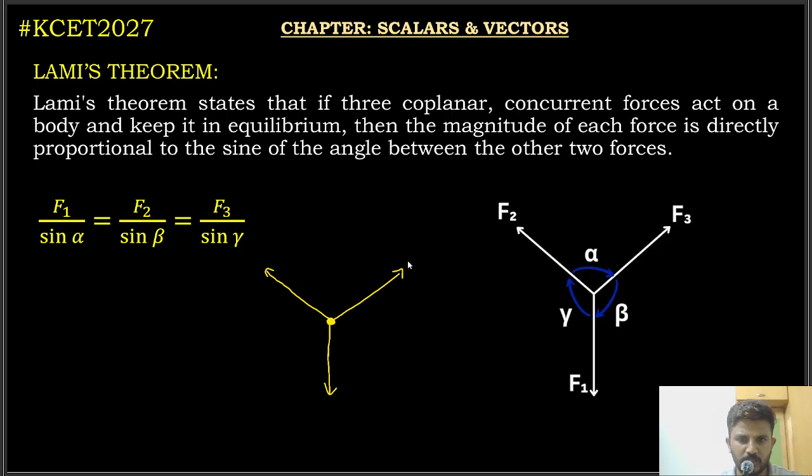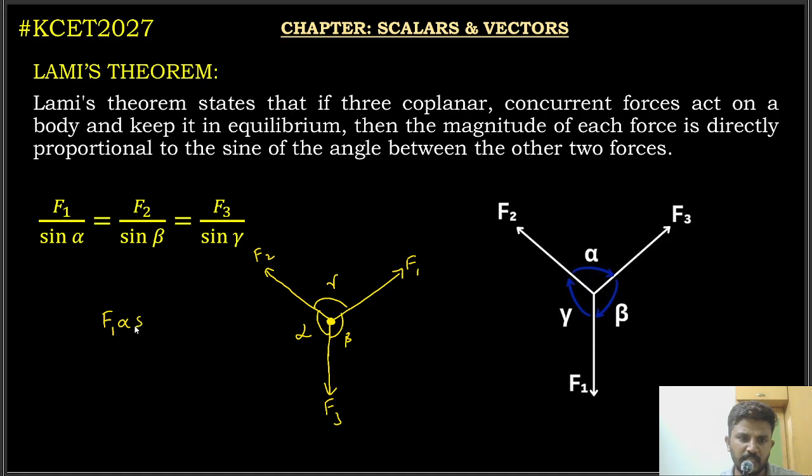One is F1, another one is F2, and the third one is F3. Opposite to F1 we have an angle alpha, opposite to F2 an angle beta, and opposite to F3 an angle gamma.